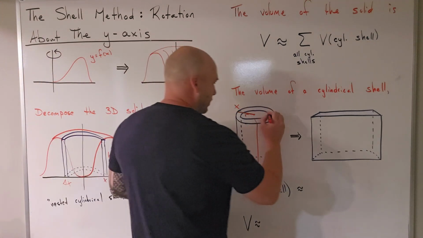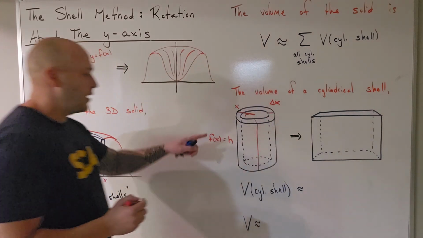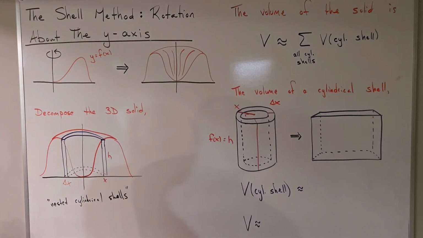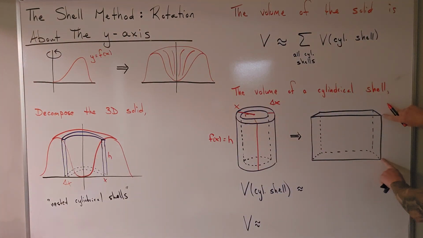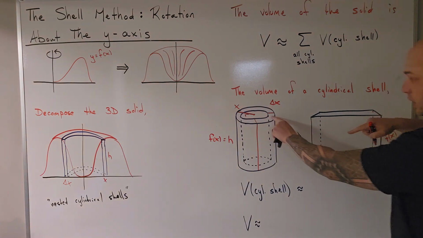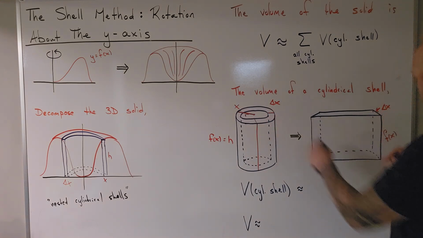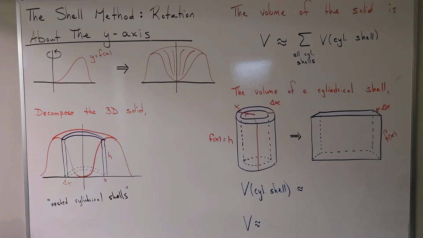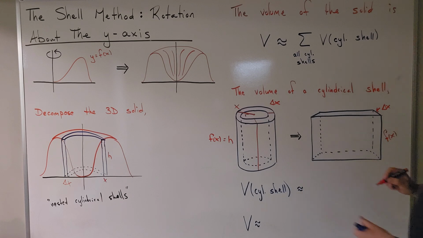So this distance here is delta x. Now let's translate that over to this other object. The height, again, is this distance, so that's f of x. The width of this is delta x, so that's the width. And then we also have the radius, which is x.